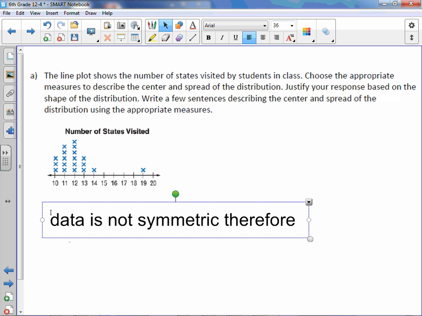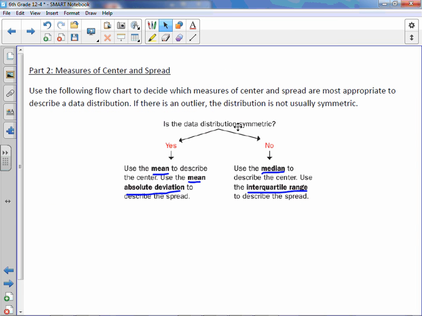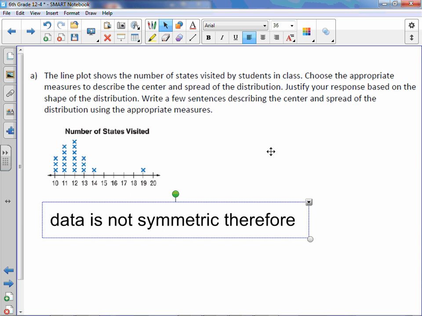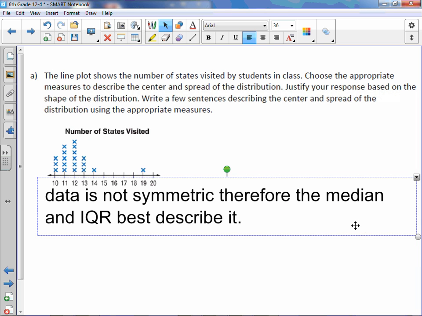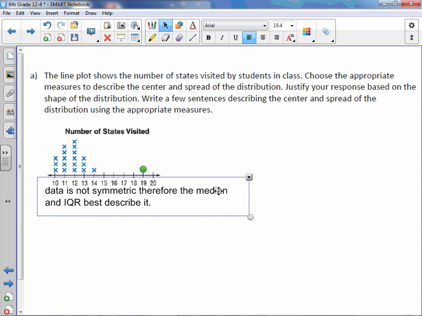Therefore, let's go back to our flowchart. Not symmetric, we're going to use the median and interquartile range to describe the data. Therefore, the median and IQR best describe the data. So that's what I'm using and my justification for it.